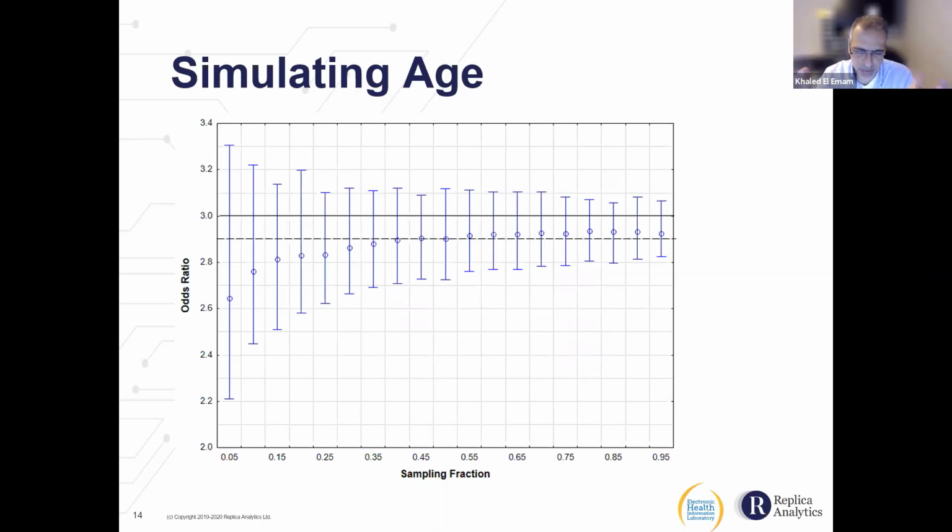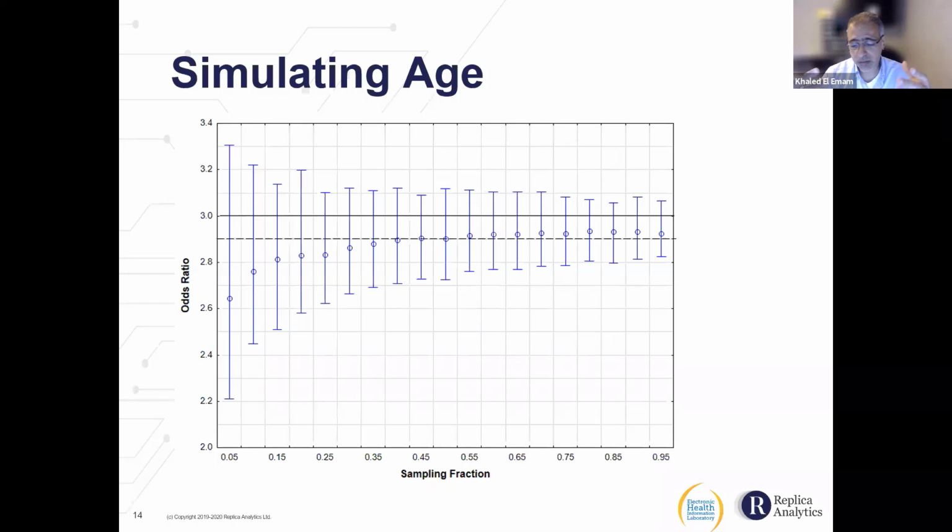What we did was take some samples from the Ontario data, and on the bottom x-axis you can see the sampling fraction: 5%, 10%, 15%, etc. So we created small data, and we then used the same synthesizer to create a generative model from the small data, and then used the generative model to simulate all 32,000 cases in Ontario. And then from this simulated data set, we built the same logistic regression model that I showed you.